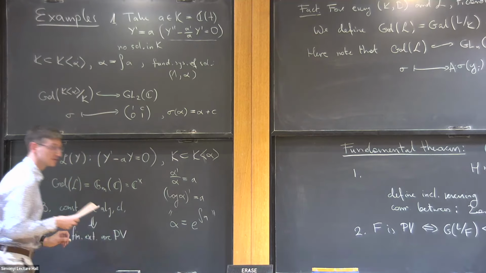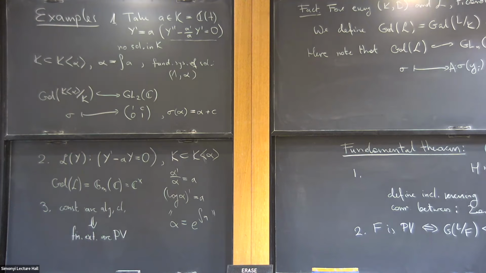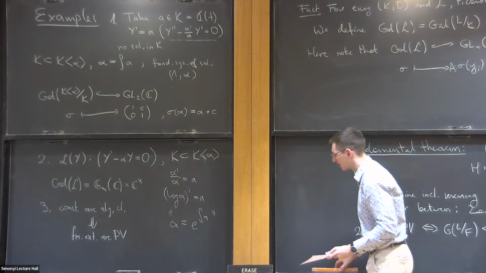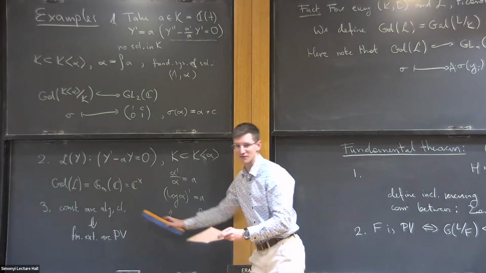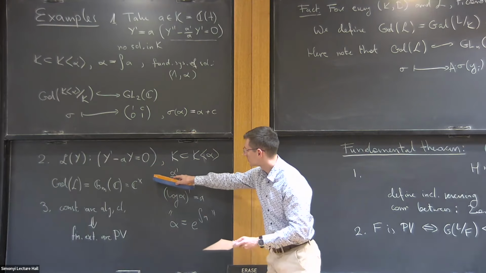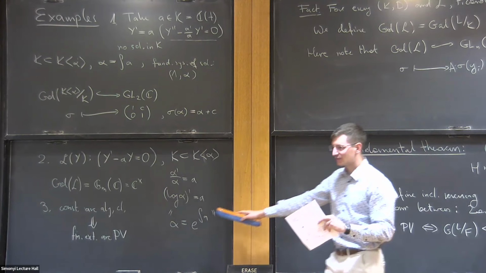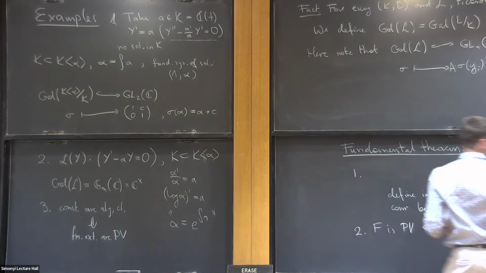Finite in the sense of finite field extensions, like they have finite degree. Finite normal extensions. So these are of particular types. I mean, here the Galois groups are finite. Here the Galois groups are G_m, G_a. So sort of it's either finite or abelian. But there is also a non-abelian context.